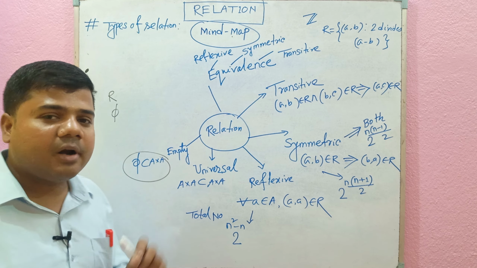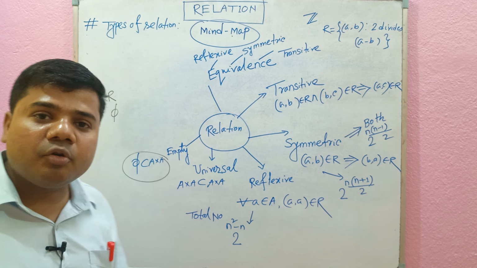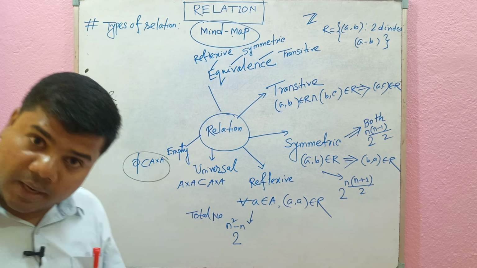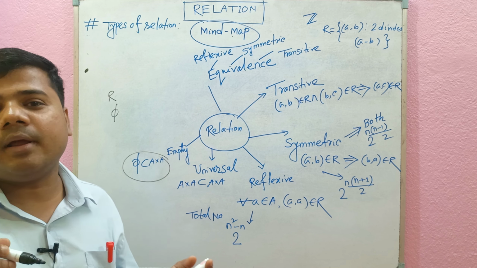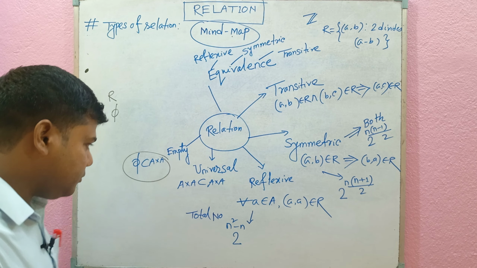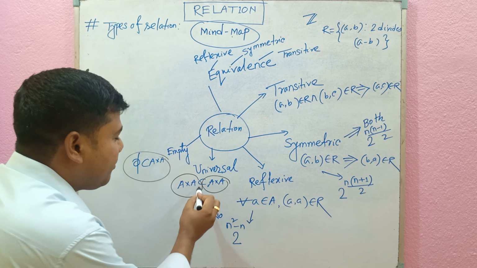Next, the universal relation. A relation R in set A is said to be a universal relation if each element of A is related to every other element of A. So the universal relation R is A cross A, a subset of A cross A.